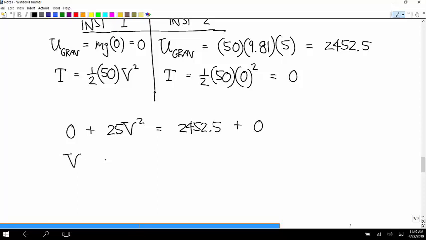And so what do you get for v? 9.90 meters per second.